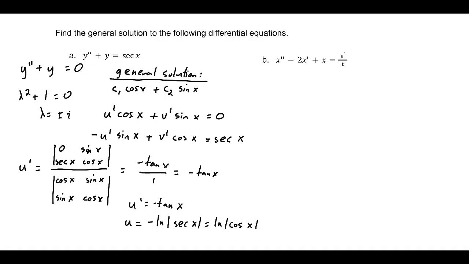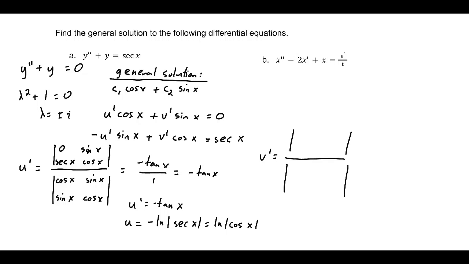Also, Cramer's rule tells us how to find v as well in this system. By Cramer's rule, v prime is equal to a fraction. Numerator and denominator are both determinants of 2 by 2 matrices.